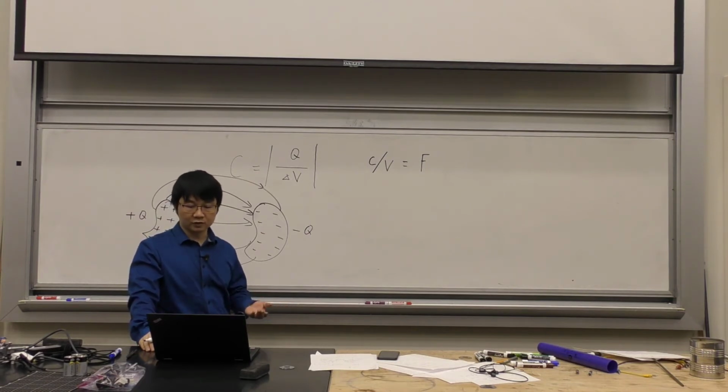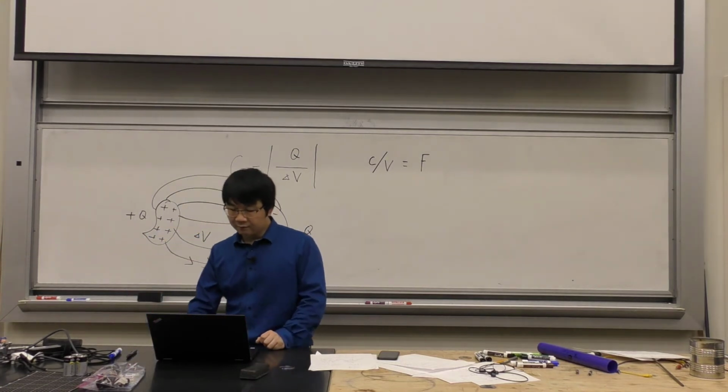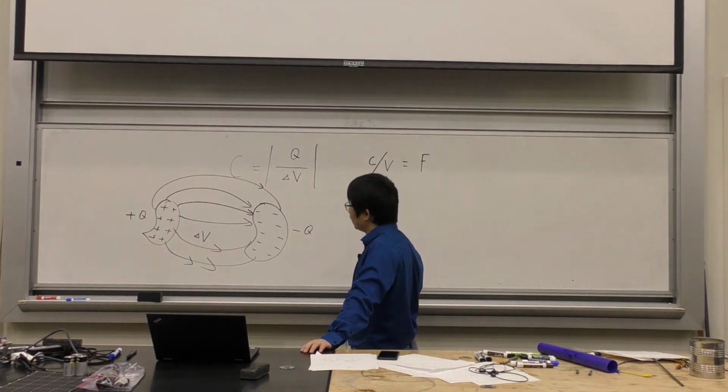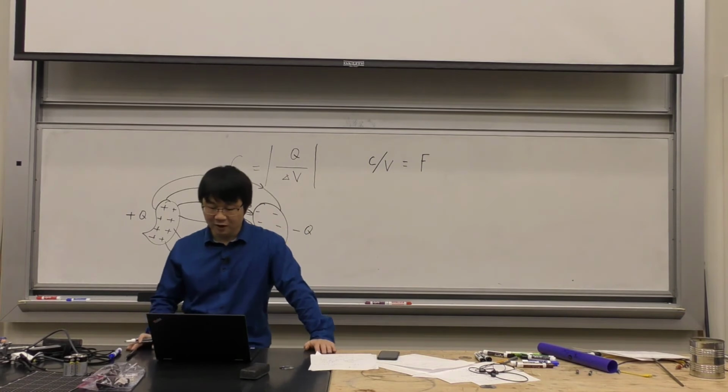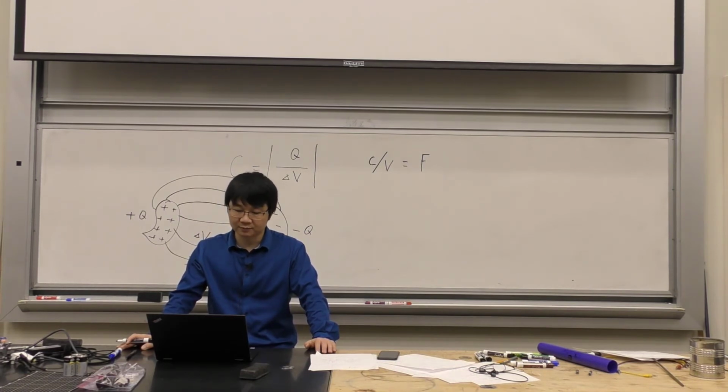Of course, the simplest capacitor is the parallel plate capacitor, and that's what we're going to discuss in this class. If this is the definition of capacitance, and we work on the simplest capacitor, we can find another special equation for it.